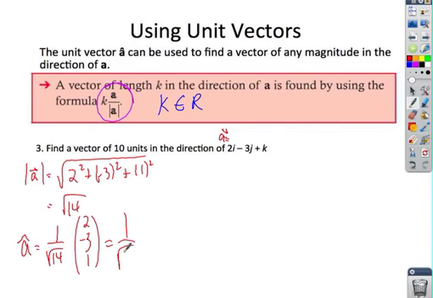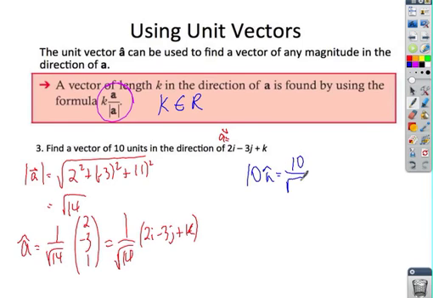Then I'll just write it here, 1 over root 14, 2i minus 3j plus k. Those are equivalent. And then if we want a vector that's 10 times that long, we want to find the vector 10 times a hat. And that will just look like this. We multiply the vector a hat by 10.